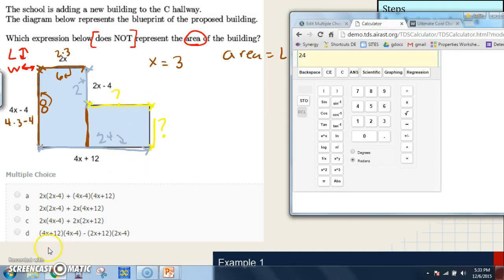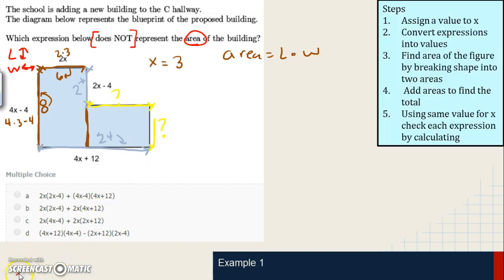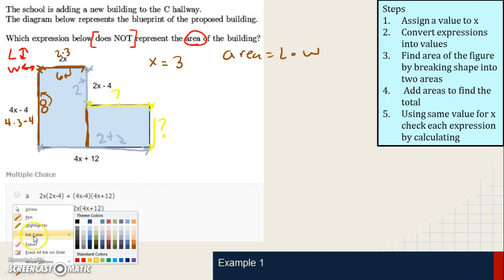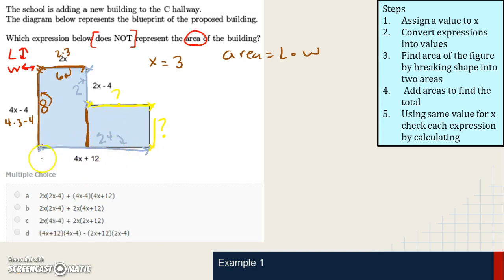Well, we've got enough information to do that because we have the total length and the total width, and then we've got part of the width and part of the length. So you can see here we have the total width of the figure. If we drew up from right here to right here, we know it is 24.